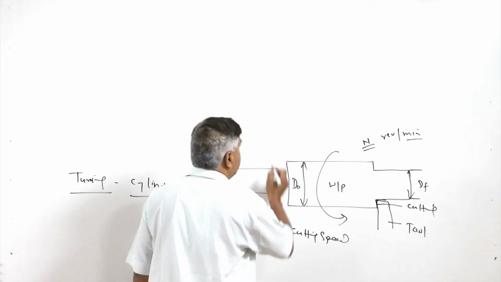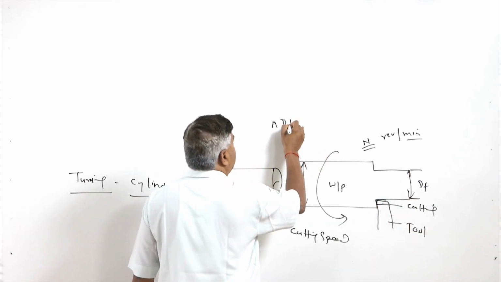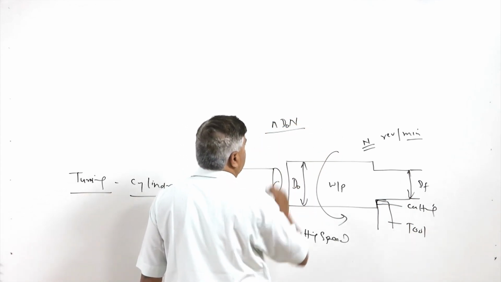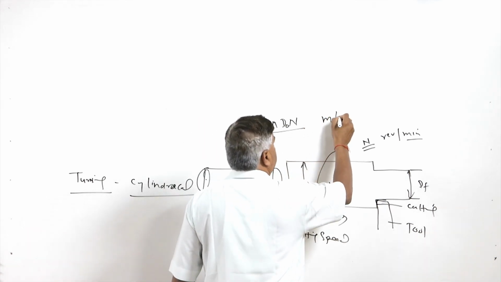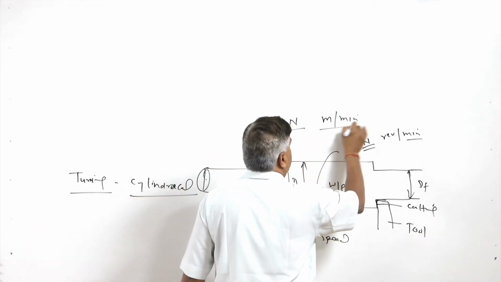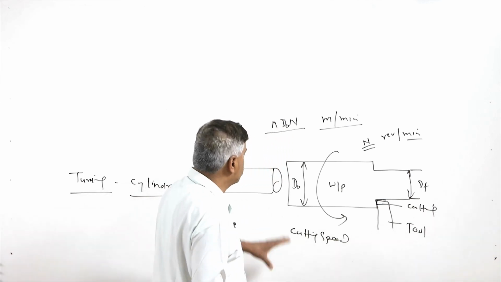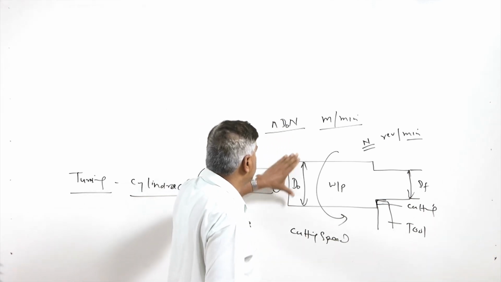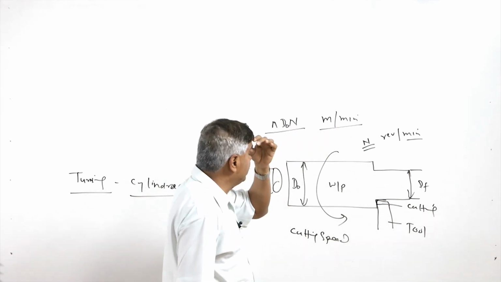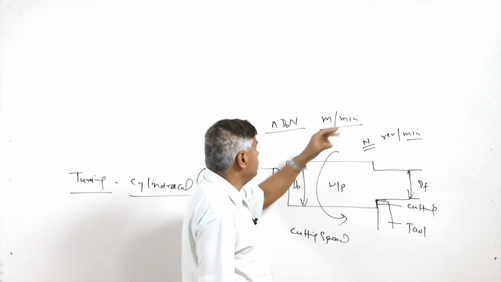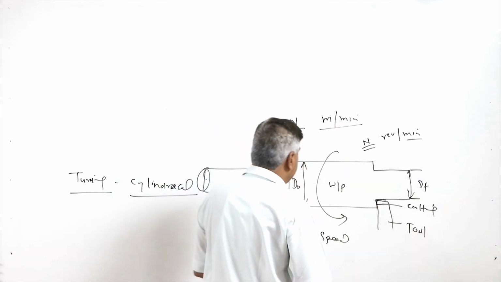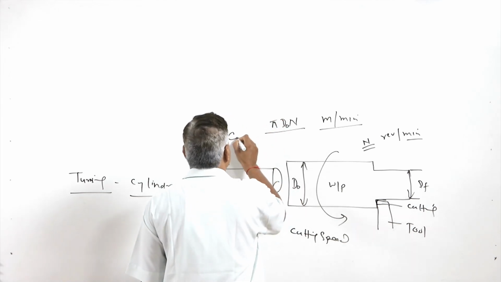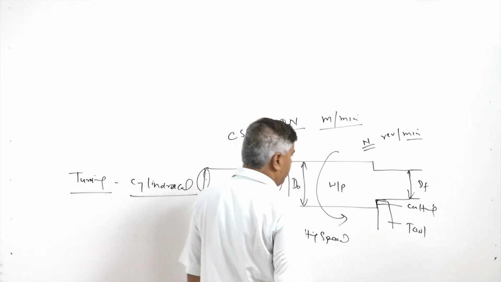Then pi D n will give us the cutting speed in meters per minute. The diameter is in meters and the RPM is in revolutions per minute.